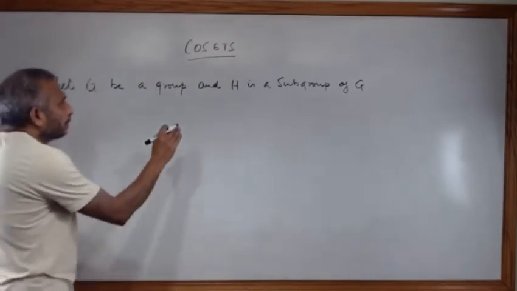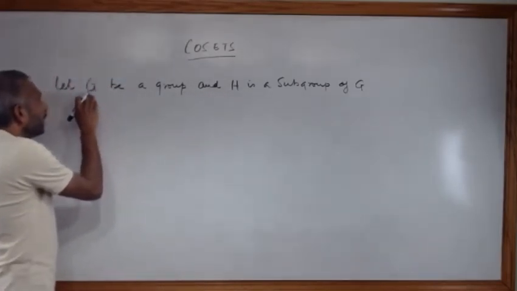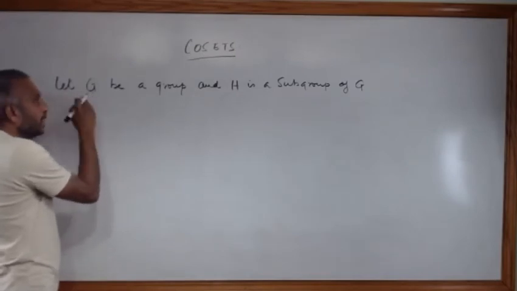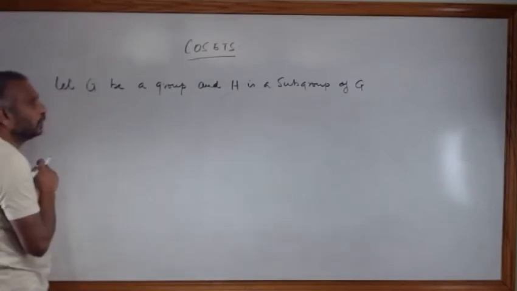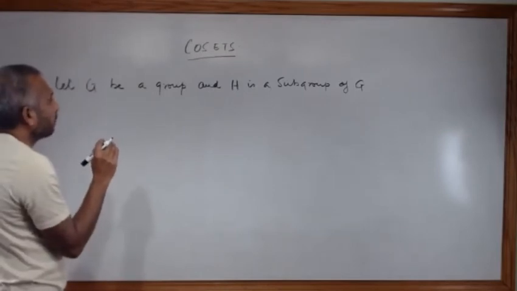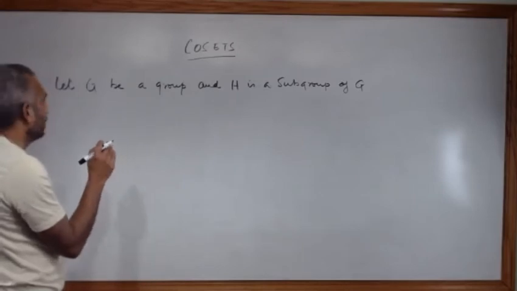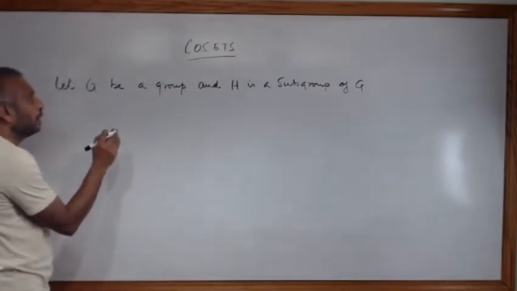Actually, in a general situation, if you take any group, abelian or non-abelian, we are going to define two types of equivalence classes. Actually, it behaves almost the same, but they are different.